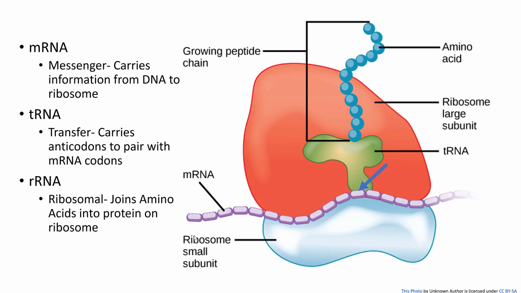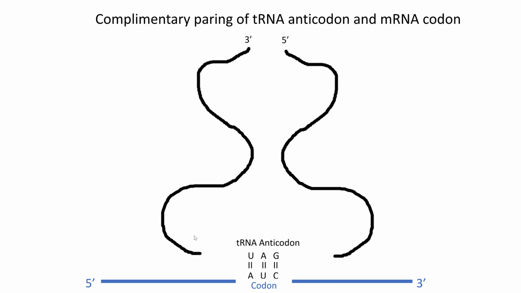Transfer RNA will then bring the amino acids over to the messenger RNA and start building that amino acid chain. So there's still complementary pairing of transfer RNA and messenger RNA. This is an example of complementary pairing of transfer RNA anticodon with the mRNA codon.